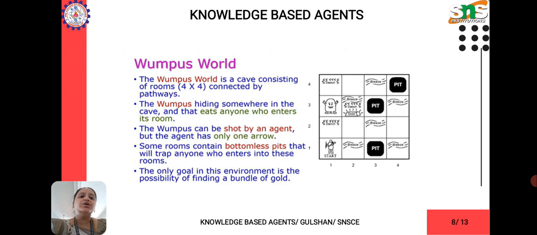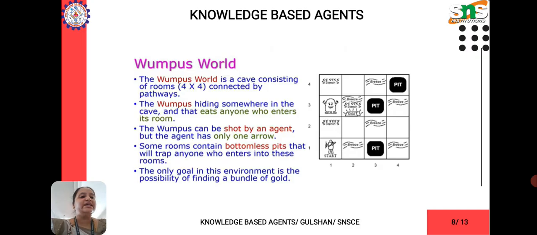The Wumpus can be shot by an agent, but the agent has only one arrow. The actual process is to reach the goal state, that is gold over here. The agent will do its process to reach the goal state, and the Wumpus is one of the obstacles for the agent to reach the goal.